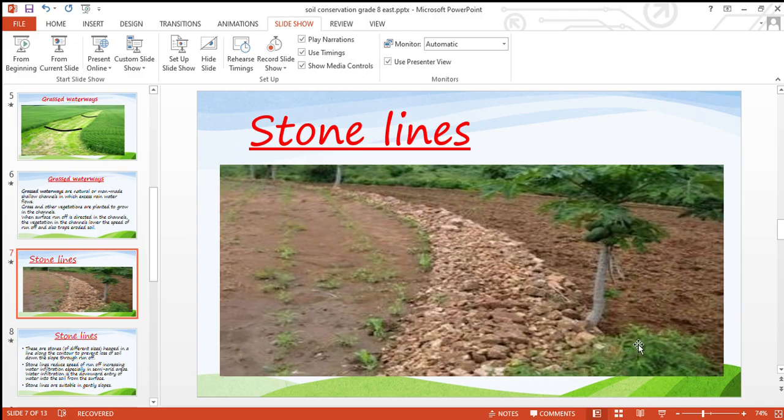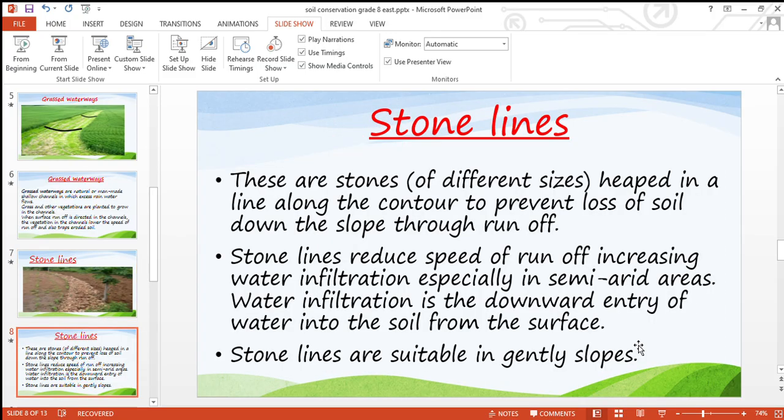Are we together, boys and girls? That could also be the reason why he decided to use this method instead of trash line, instead of grassed waterway, instead of soil bunds. Are we together? Good.